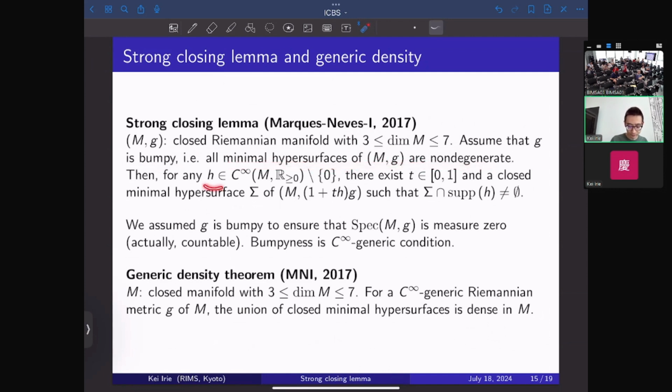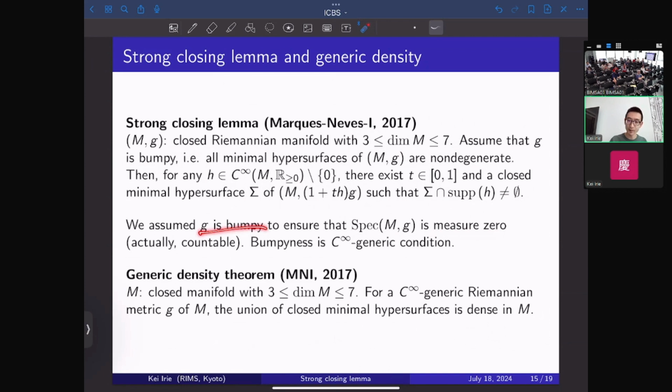Then, for any function h on M taking non-negative real values and not constant 0, there exists t in the [0,1] interval and a closed minimal hypersurface sigma of the metric (1 plus t h) times g, which intersects the support of h. We assume that g is bumpy to ensure that spec(M, g), which consists of finite sums of volumes of minimal surfaces, is of measure 0.